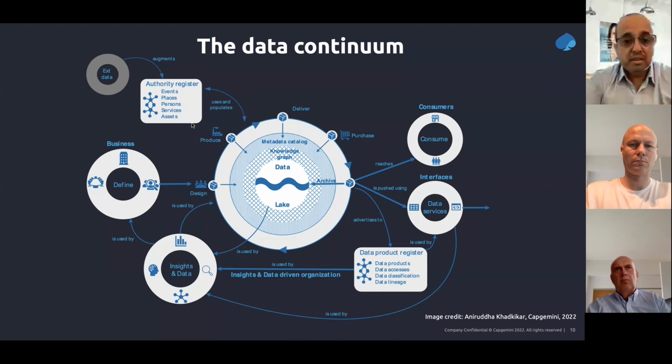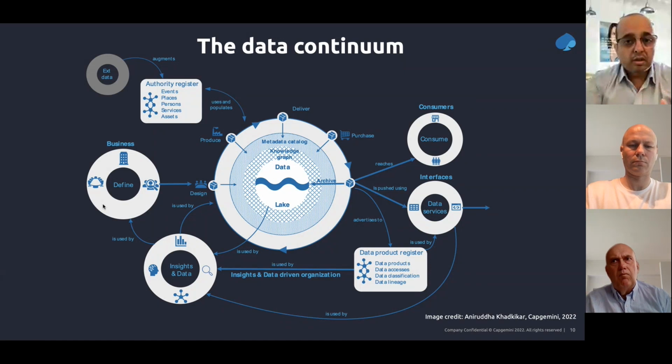And once this data lands in this sort of central data platform or data lake, however you may want to term it, it is then used to gather insights and data based on that, and it's used to both improve the current business processes, operational processes, so it feeds back into this whole cycle, but then it also feeds into the business need and helps define new business services or products.